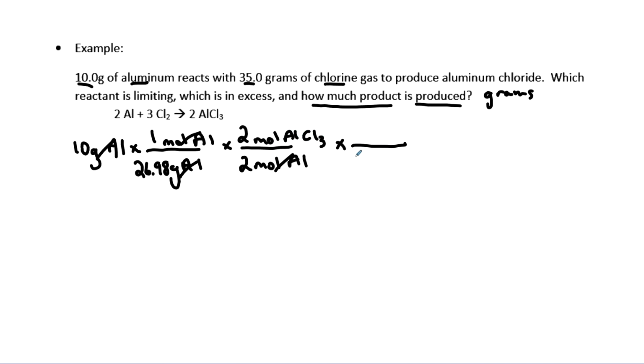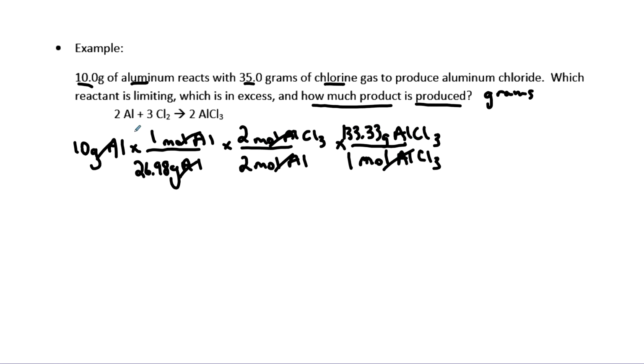Now we're in aluminum chloride. So in order to get a helpful, measurable amount of aluminum chloride, I'm going to switch over to grams of aluminum chloride. Okay, so in 1 mole, how many grams of aluminum chloride are there? So I'm going to take aluminum's mass plus 3 times chlorine's mass, which is 133.33.